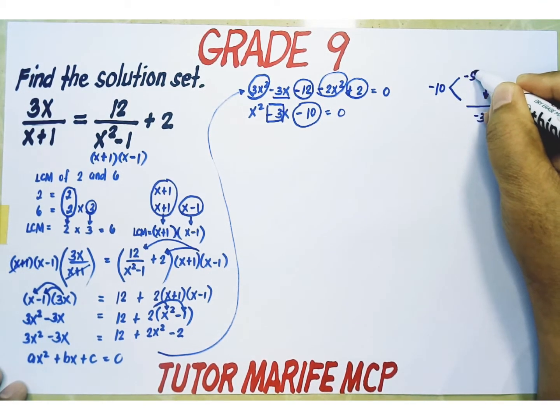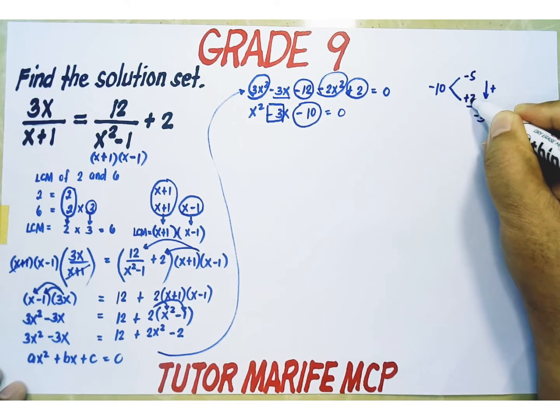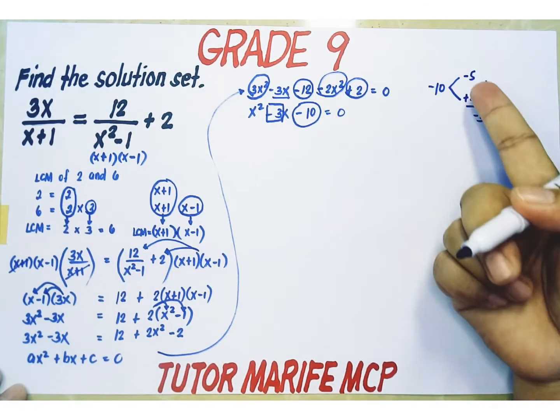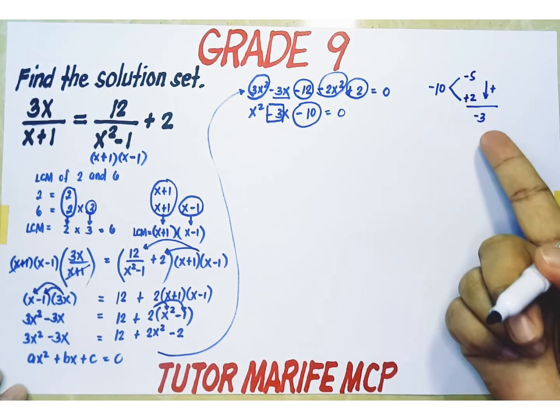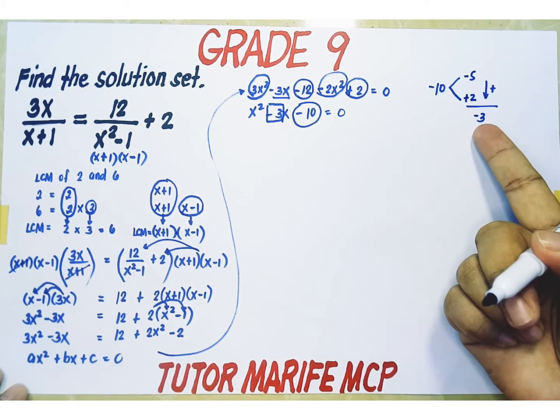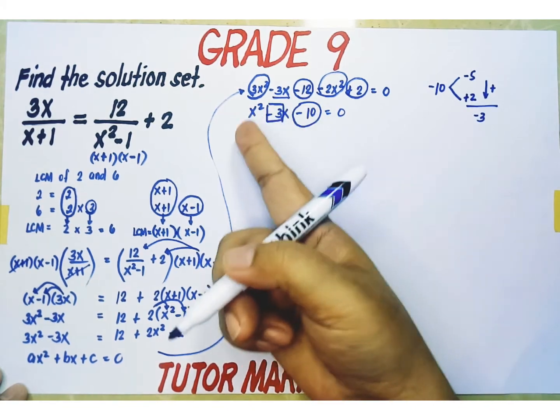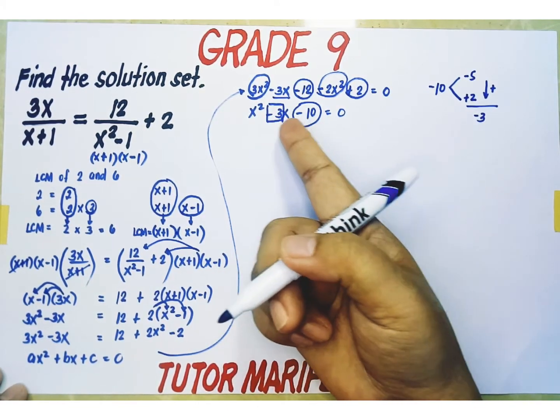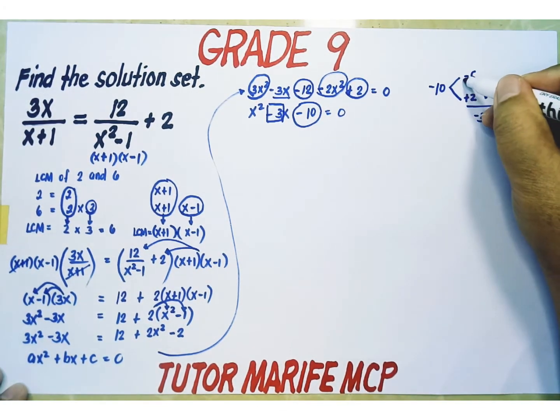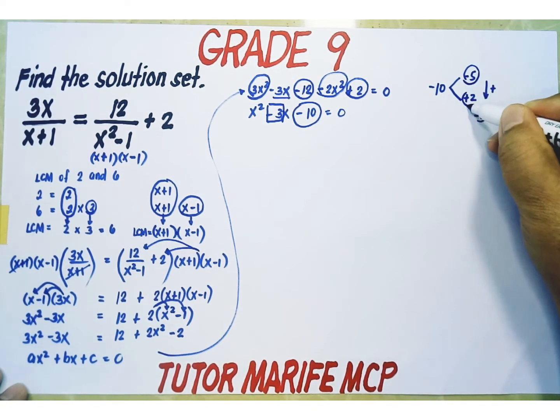Negative 5, positive 2. Negative 5 plus positive 2 is negative 3. Okay, so how do we form the factors of this quadratic trinomial using negative 5 and positive 2?